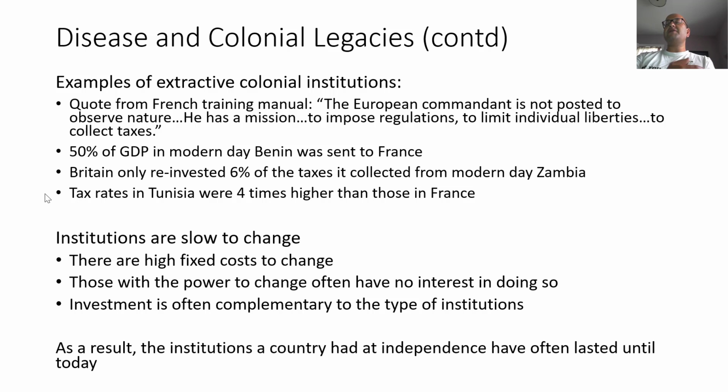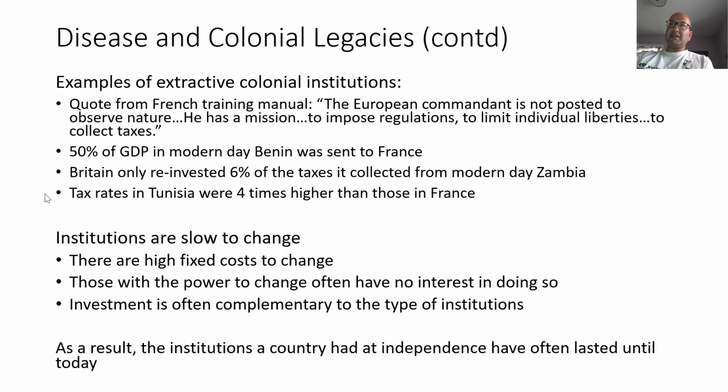And then finally, what we oftentimes do see is that investment, especially foreign investment into a country, is complementary to the kind of institutions that they have. And if you were to change institutions, you run the risk of losing that investment. So, a simple example is a country basically offers a foreign investor a huge tax break if they set up operations in their country. Well, to give a lower tax rate to a foreign investor than you give to domestic firms, that's an example of weak property rights.